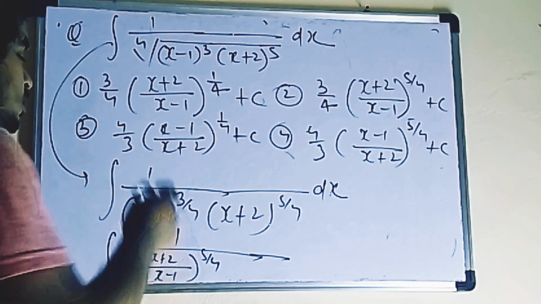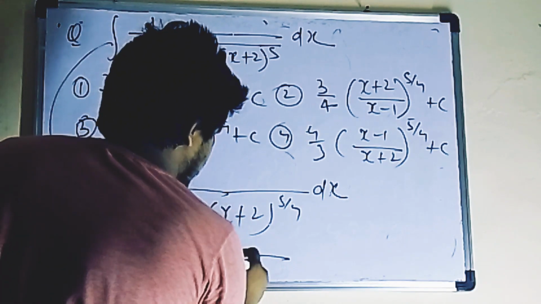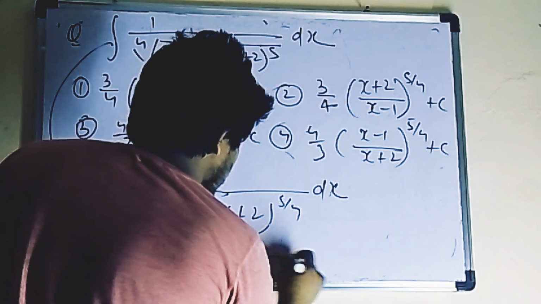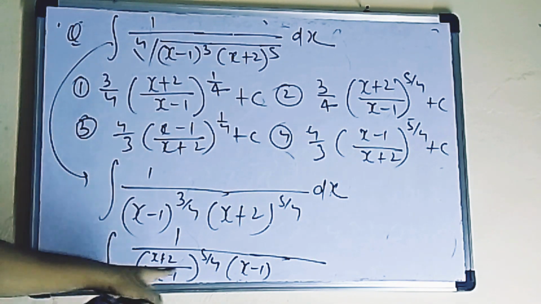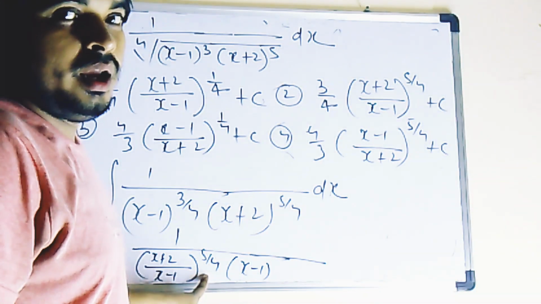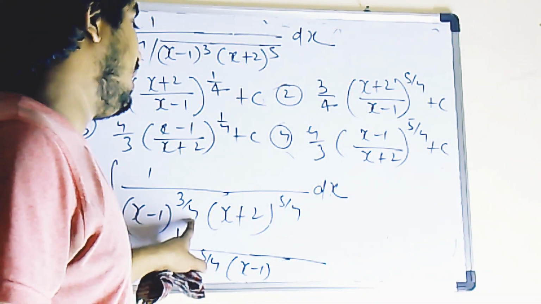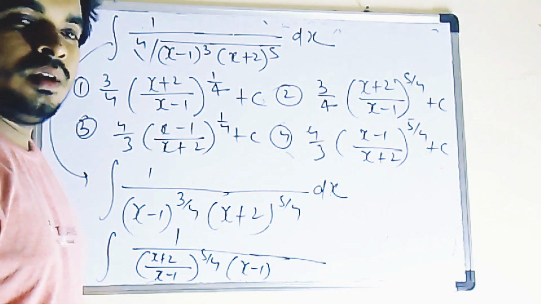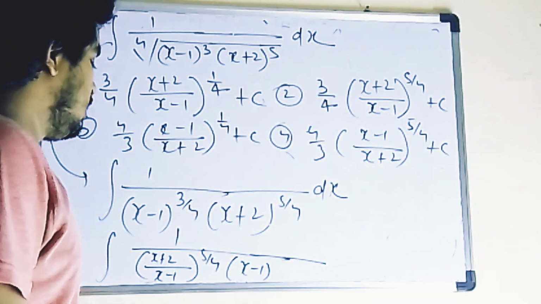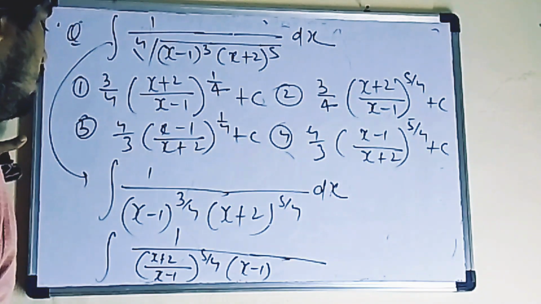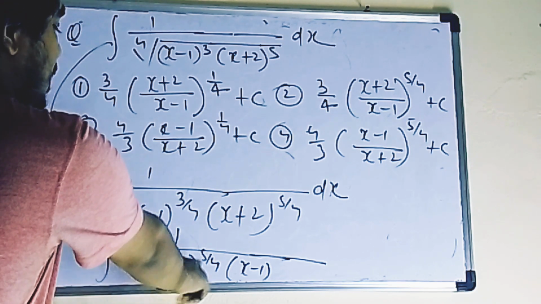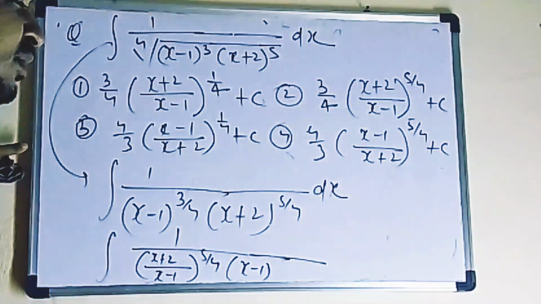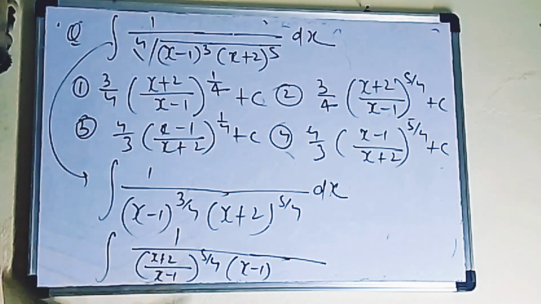Clear? So what do we need to do? We need to multiply here by (x minus 1) to the power what? Here I had done 5 by 4, and here we have only 3 by 4. Since you are dividing by (x minus 1) to the 5 by 4, you will also multiply by (x minus 1) to the 5 by 4, and already we have this one.